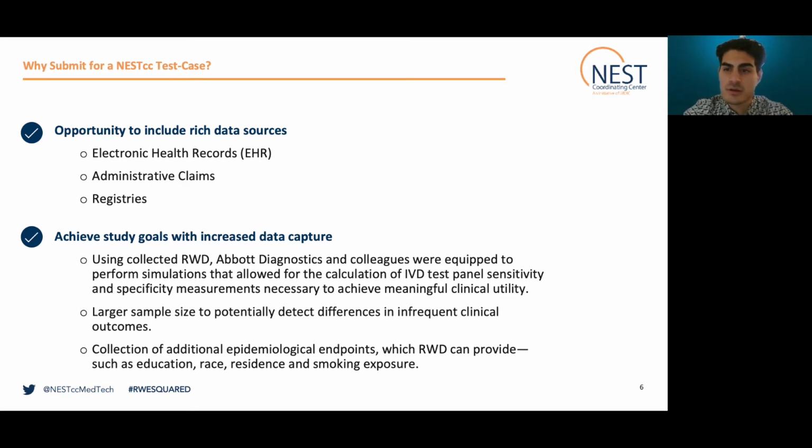In addition, we can achieve more study goals and increase data capture by substantiating with larger sample sizes. This allows us to detect differences in infrequent clinical outcomes. For instance, in this test case with Abbott and the IVD test panel, the additional sample size and test characteristics were able to be used to create a simulation that tested IVD sensitivity and specificity.